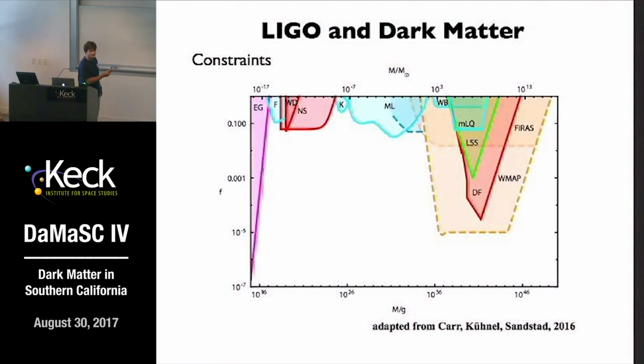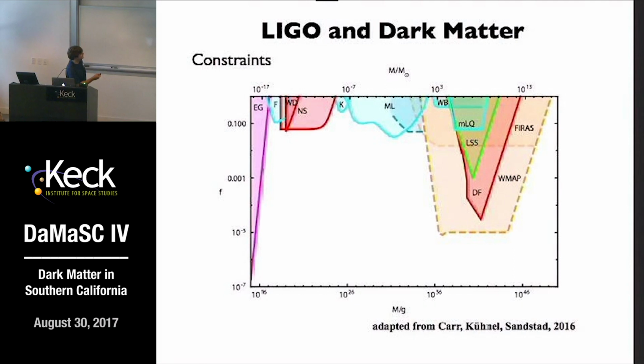Sorry? What is F? F is the femto... No, the F on the y-axis. Oh, sorry, this is the fraction of the dark matter. So 1 means it's making up all the dark matter, and then here it means it's 10 to the minus 3 of the dark matter is in these black holes. Yeah, sorry, I should have said. But here's the mass, and maybe this axis for later will be more helpful to look at.